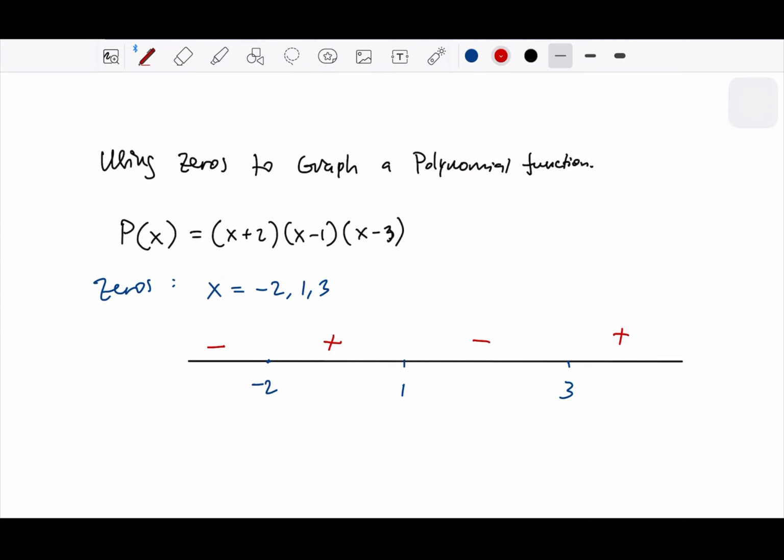Okay, so negative means below the x-axis, and positive means above the x-axis. So negative, positive will determine which region the graph will be.